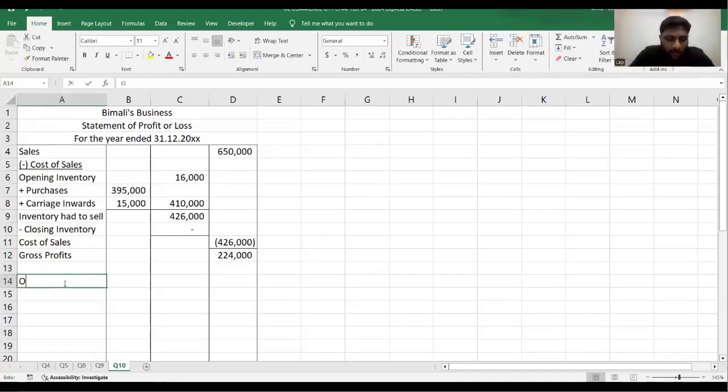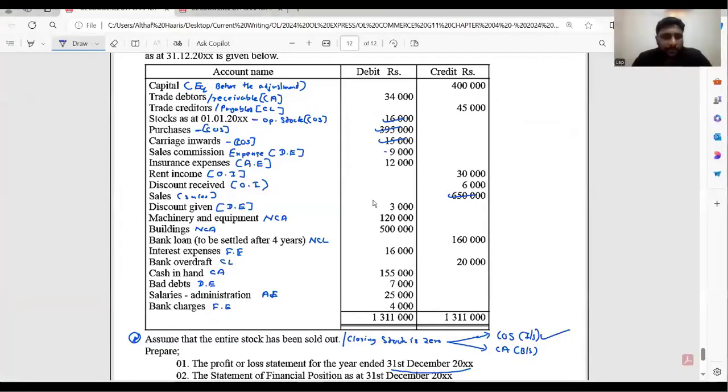Then now the second part, other income and the expenses. So other income: discount received is there, rent income is there. Rent income 30,000.